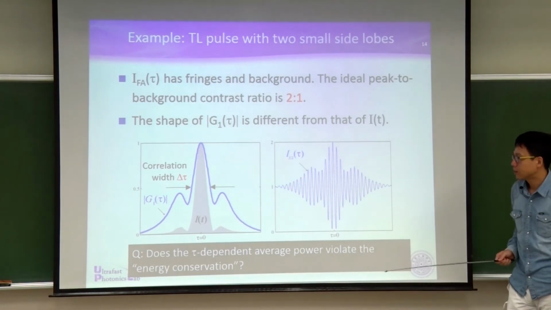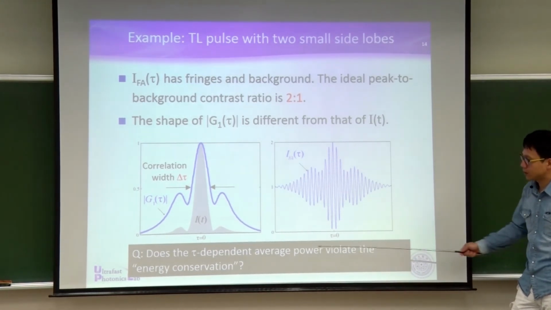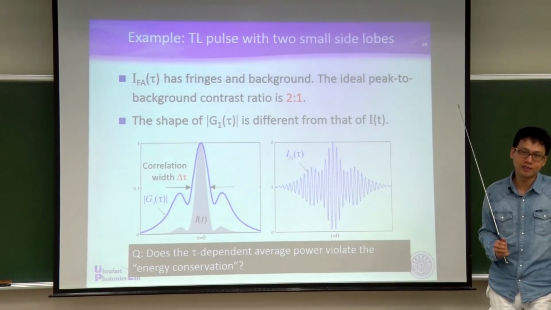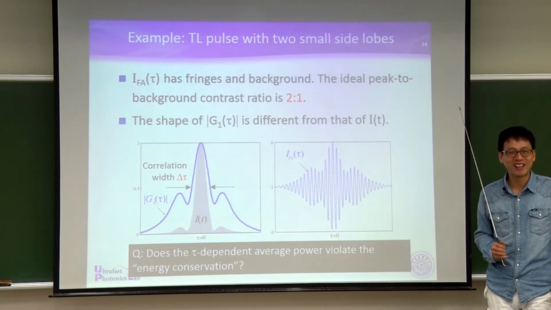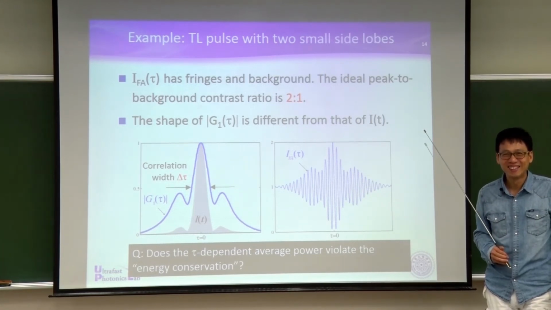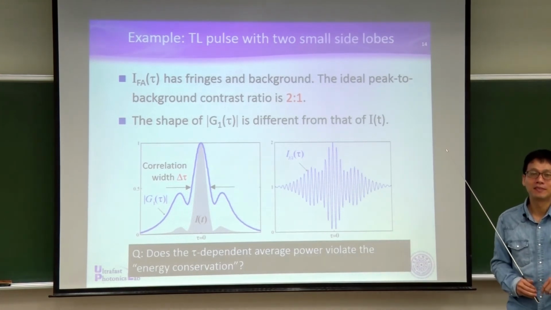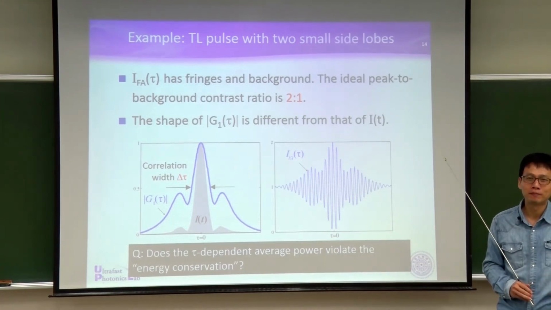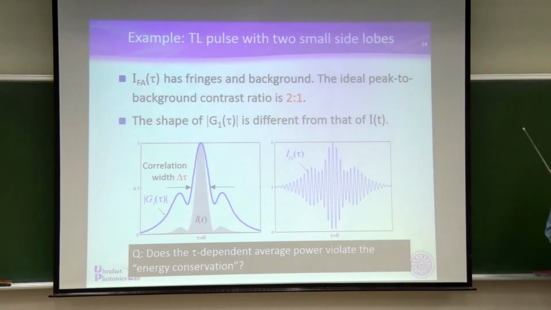Does the tau-dependent average power violate energy conservation? Of course not, but why?